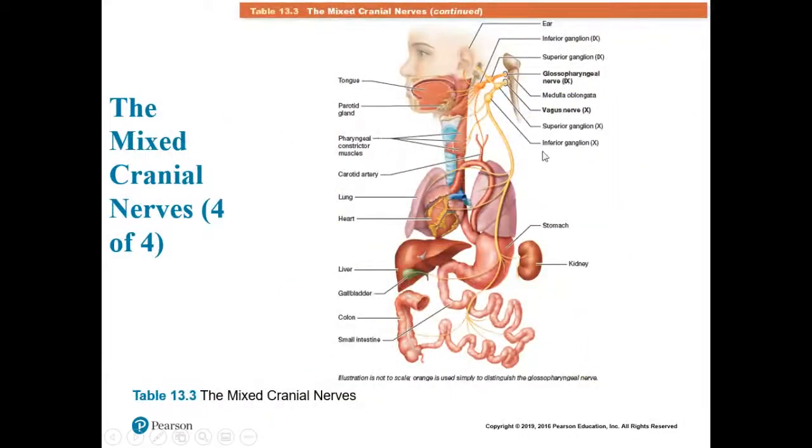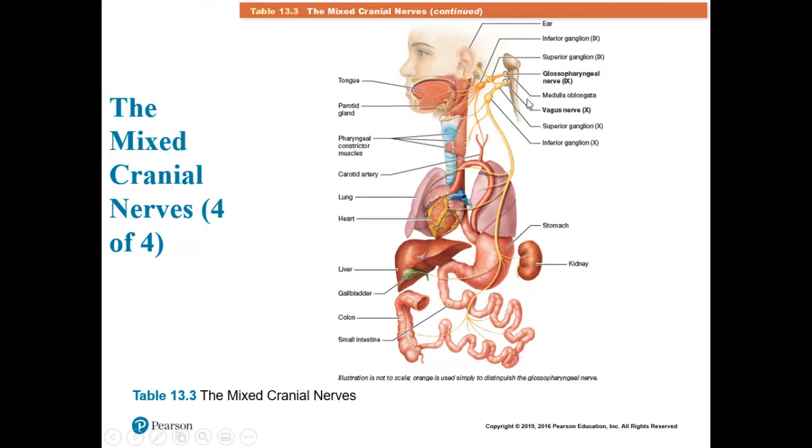And then we have the last two, rather, glossopharyngeal and vagus nerve. Right, so the glossopharyngeal right here is going to have a couple of functions. And this is a mixed cranial nerve, by the way, sensory and motor. Glosso stands for tongue, and pharyngeal, the pharynx, if you will, so the throat.